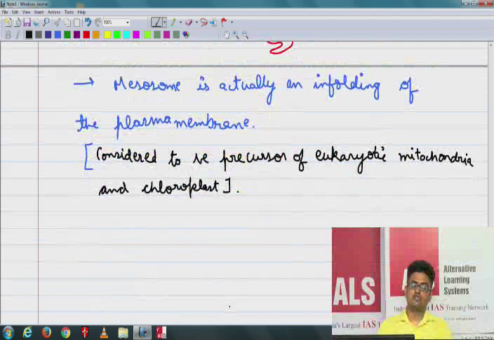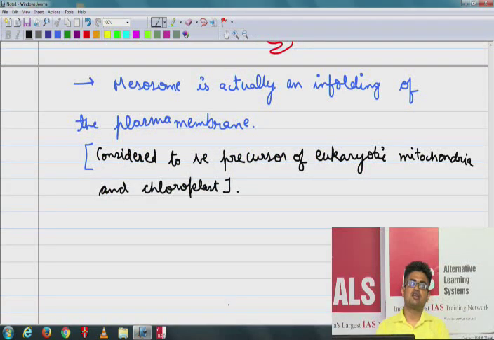Okay. What is the function? It contains respiratory enzymes, so it is believed to help in respiration.